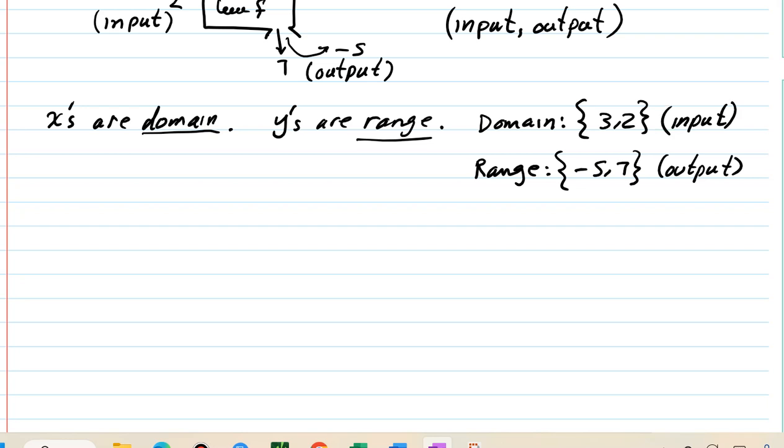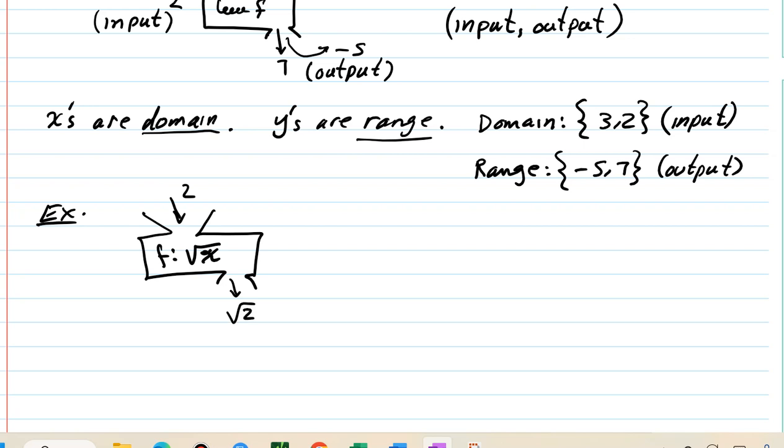Now, domain is a very important concept because in order to evaluate functions, we need to know what we can put in, what the inputs could be into a function. So for example, suppose my function machine f is the square root of x. Okay, so for this one, let's say I put in a 2, the output would be what?